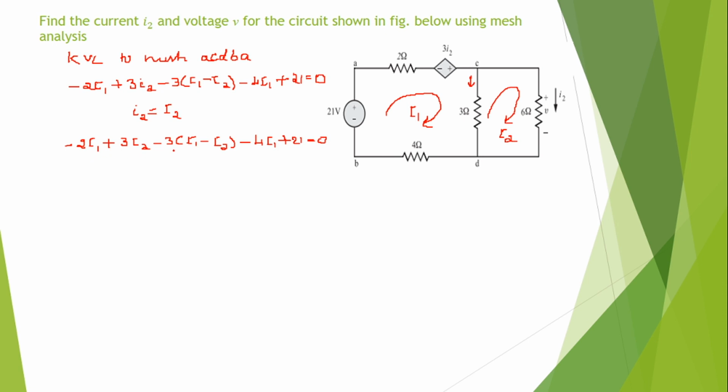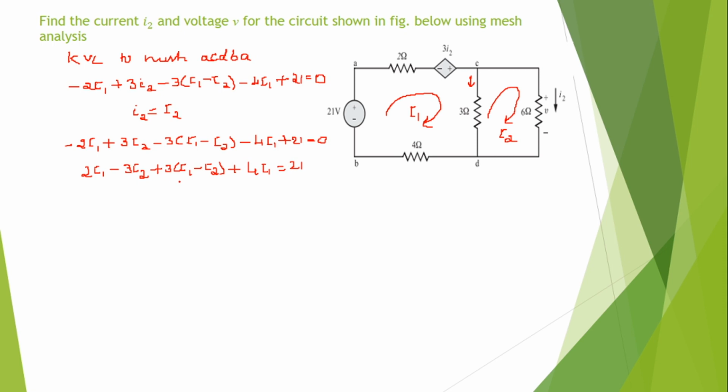Take all the voltage drops to the other side, retaining the constant on the same side. So 2I1 minus 3I2 plus 3(I1 minus I2) plus 4I1 equal to 21.